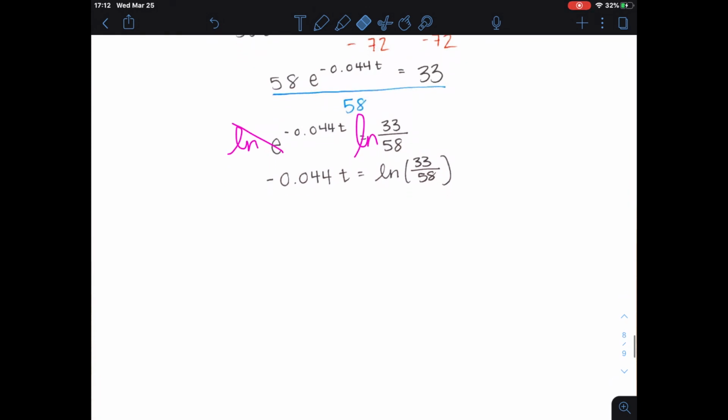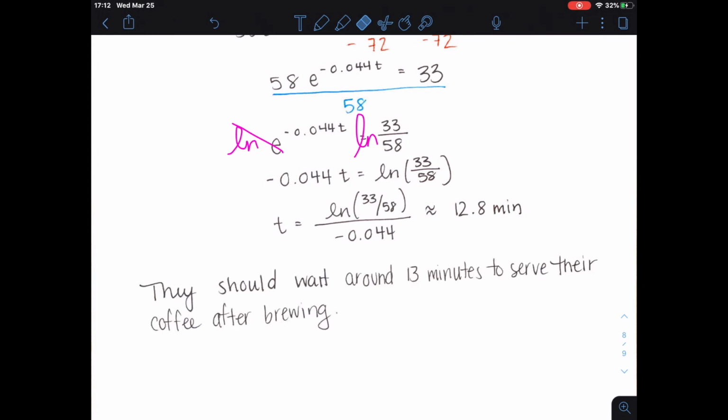And we get negative 0.044t is the natural log of 33 over 58. And then finally, we get the exact value of t, which if you plug into your calculator is about 12.8. So it'll take about 12.8 minutes after it's first brewed to reach 105 degrees. So that tells us they should wait around 13 minutes to serve their coffee after brewing.